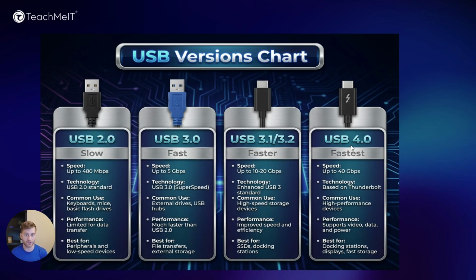From here, the last version of USB we have is USB 4.0. This has up to 40 gigabytes per second, and it uses Thunderbolt. So it's useful for a wide variety of different devices because it not only supports power and data transfer, it also supports video.